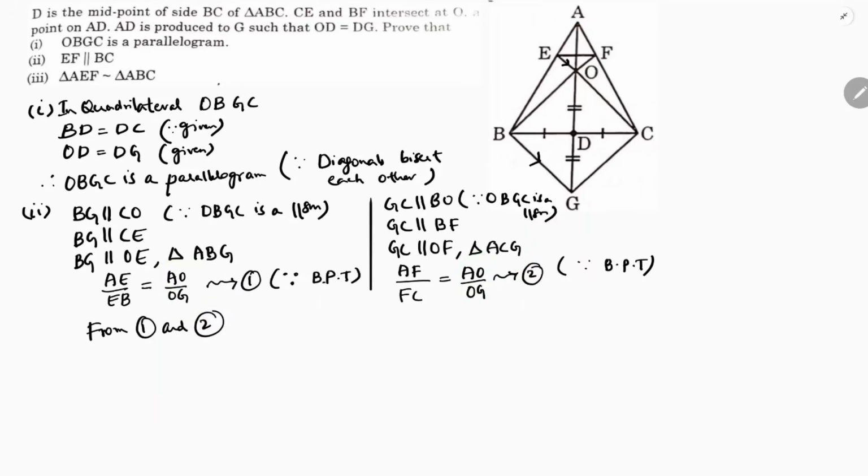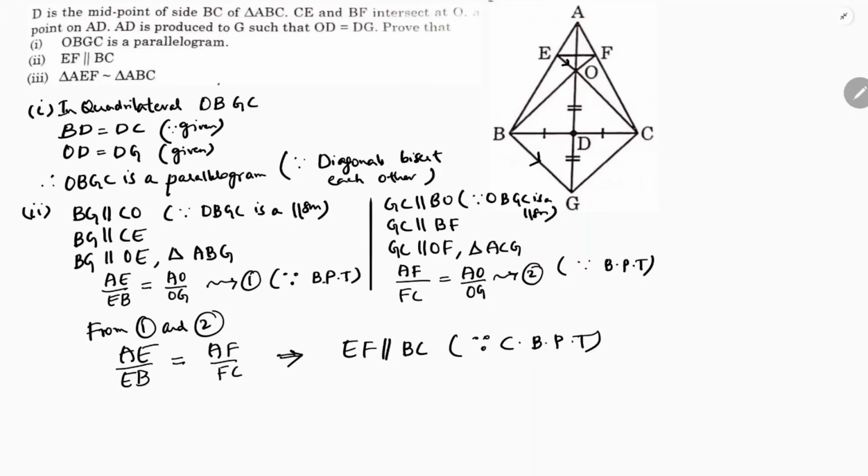So clearly I can write AE by EB equals AF by FC. From this I can conclude that EF is parallel to BC, and the reason is converse of BPT.